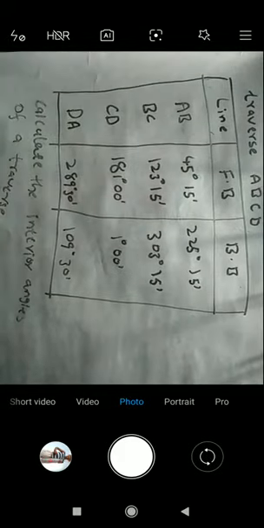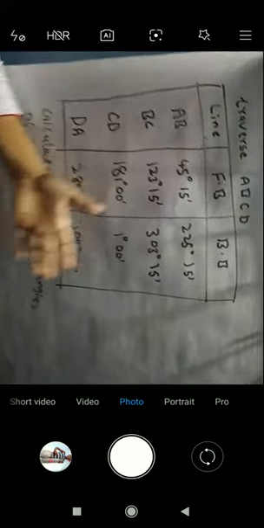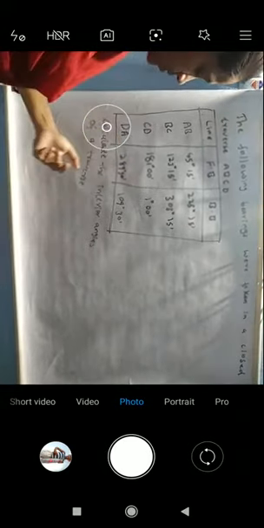They have given the bearings. By using these bearings, we have to calculate the included angles of these lines. Is it okay? So we are calculating angles from the bearings. What is the first step we have to do?